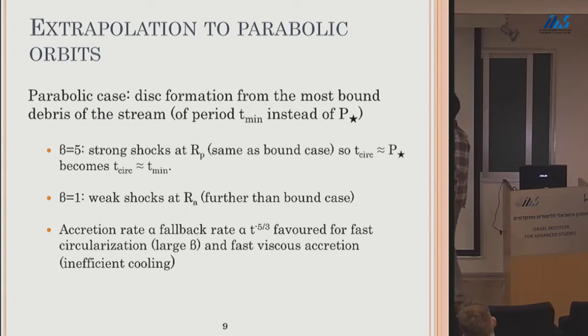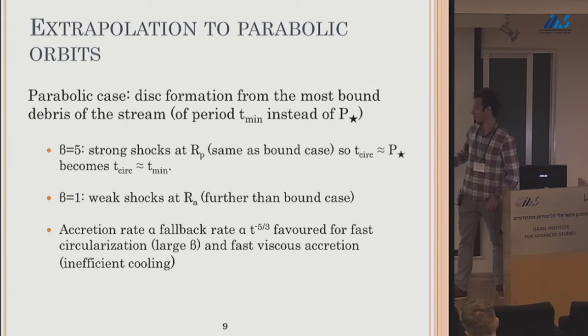So in this case, the circularization timescale is likely to be much longer than this, maybe a few tenths of T-min. Or another possibility is that instead of forming a disk at the circularization radius, it forms an elliptic disk, and that will be discussed in the next talk.